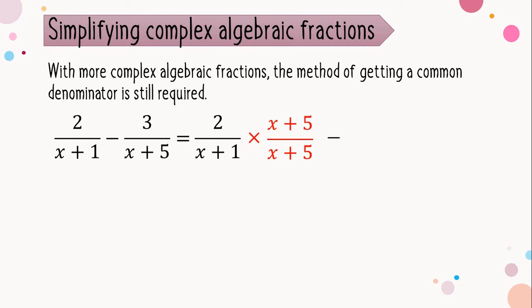And then we subtract 3 over x plus 5. In this part, we need to multiply the denominator by x plus 1, and the numerator also by x plus 1.